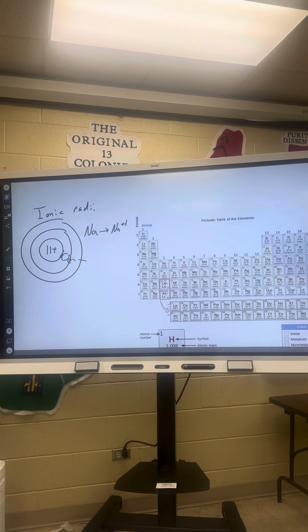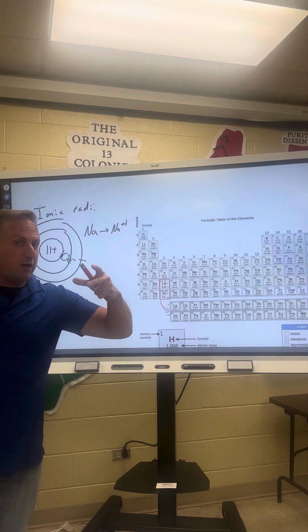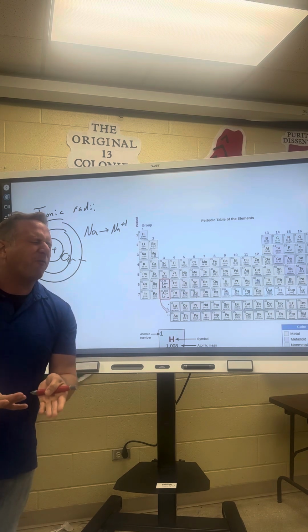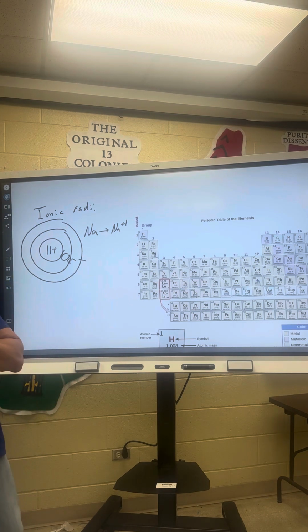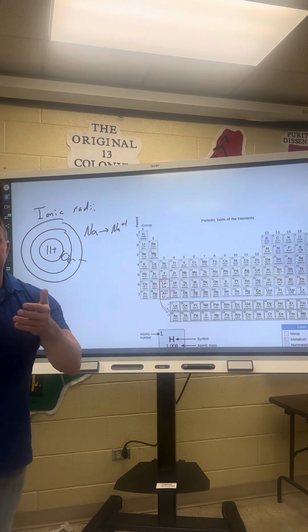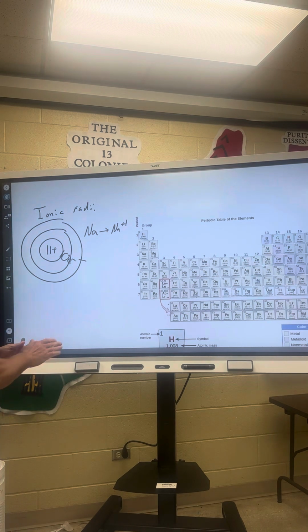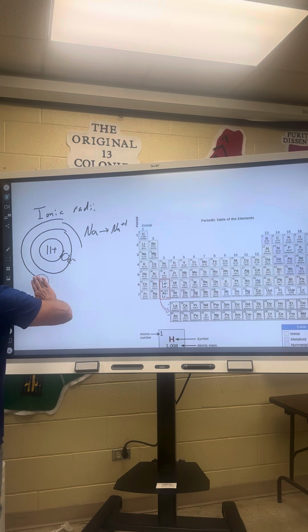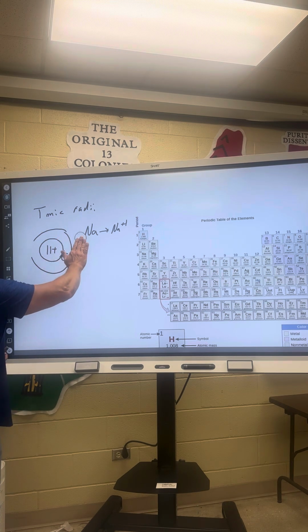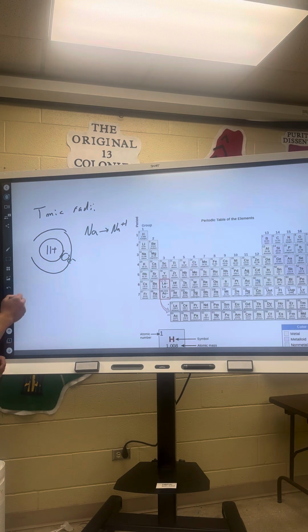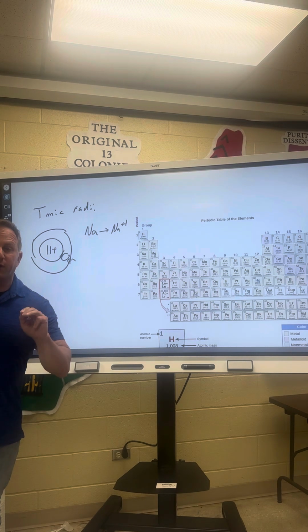So question is, when it goes from being sodium to sodium +1, does it get bigger in size or smaller in size? Hopefully you can think about it for 1 second. It's easy, it gets smaller. Why does it get smaller? Because if it lost that electron, that whole shell goes away. If that whole shell goes away, 2 shells, of course, are smaller than 3.